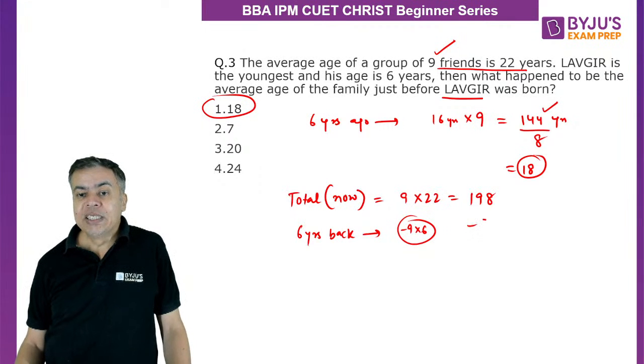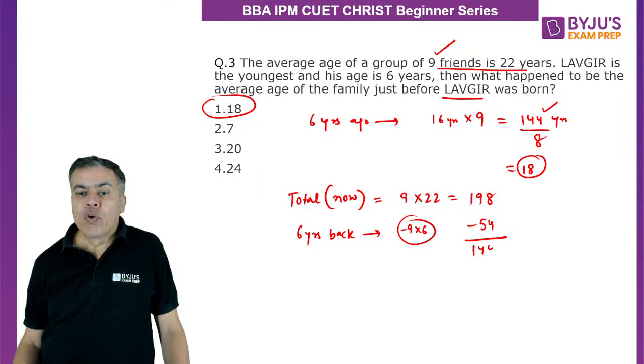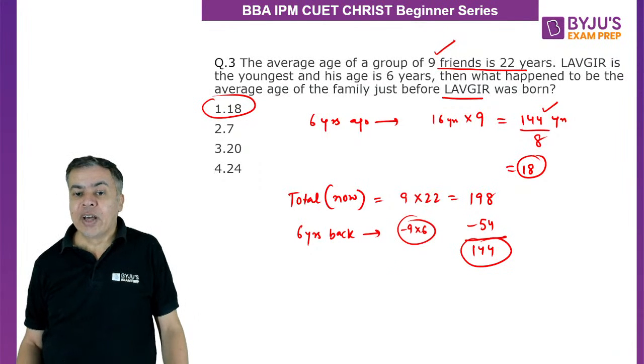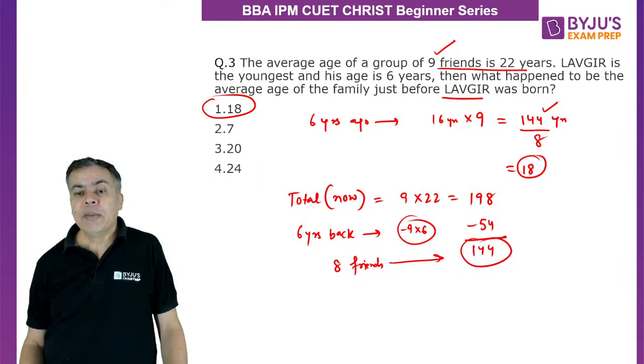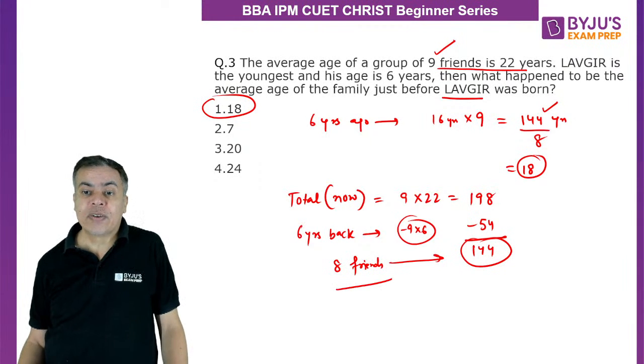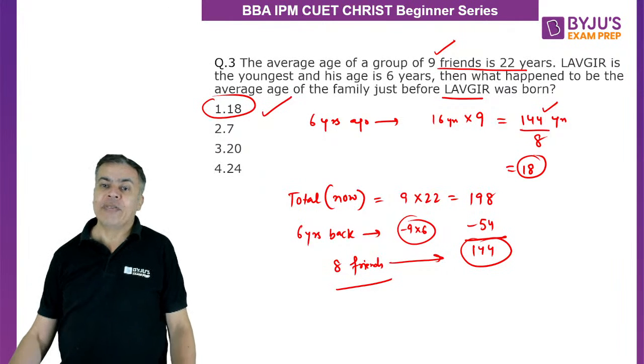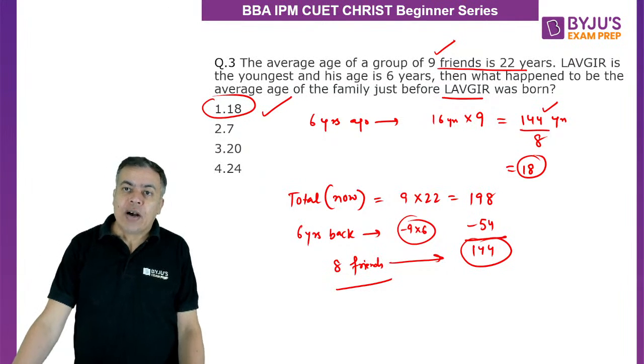So that means minus 54, so it will become 144. Now this is the total 6 years ago, when there were only 8 friends. The total becomes 144, but friends were 8. So 144 by 8, 18 years should be the average when Lavgir was yet to be born.